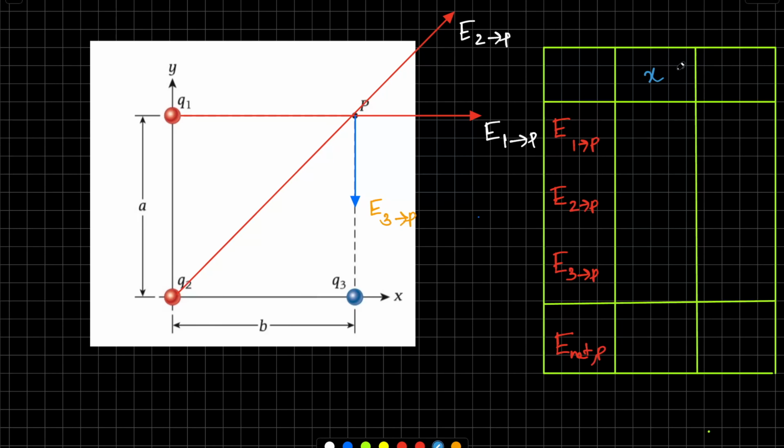So this is the x component here, this is the y component here.